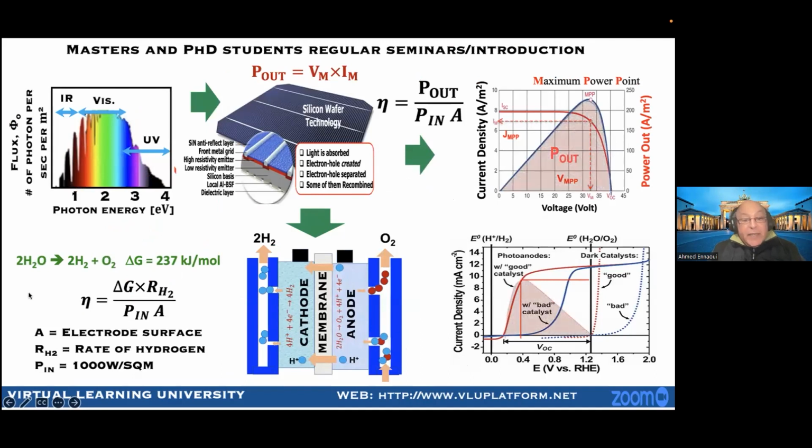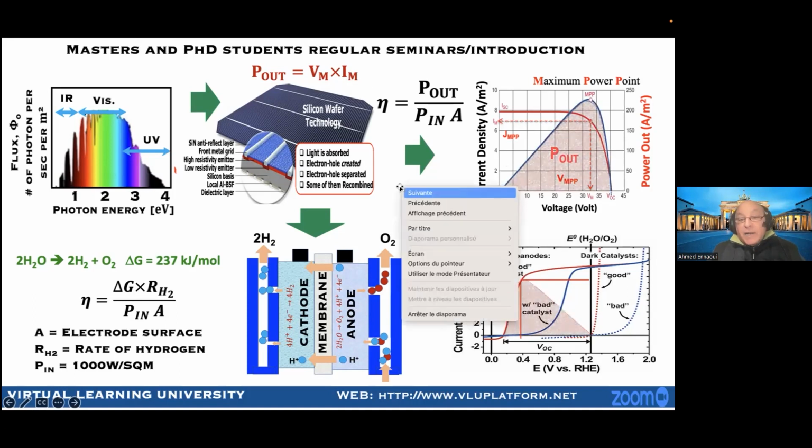I just want here to go back to this problem of electrolyzer and catalyst. And I just put here the solar spectrum, that's the input solar energy. A solar cell, you know, will deliver a maximum of voltage and current, which is this point here.